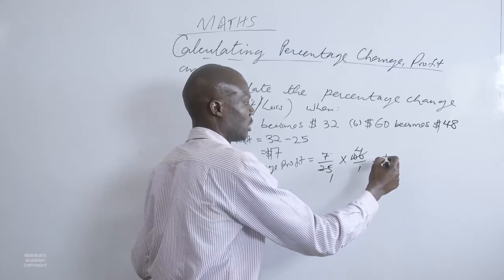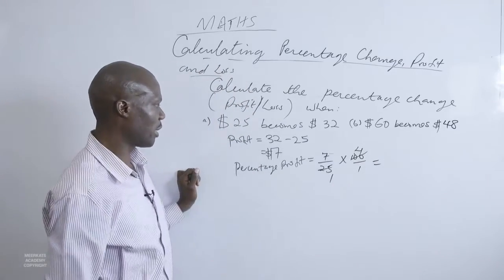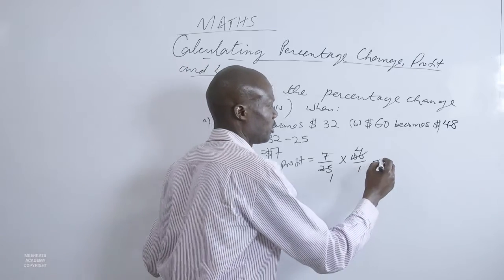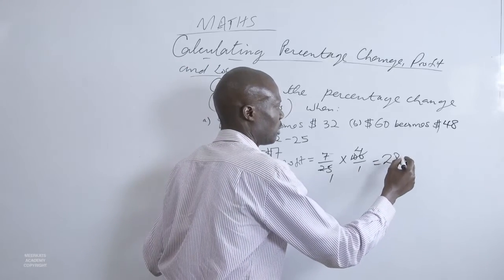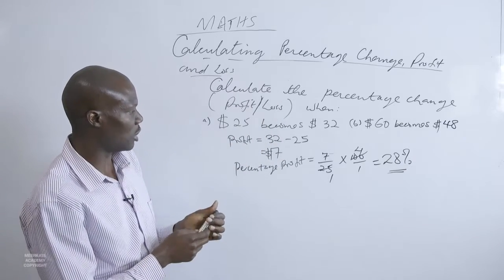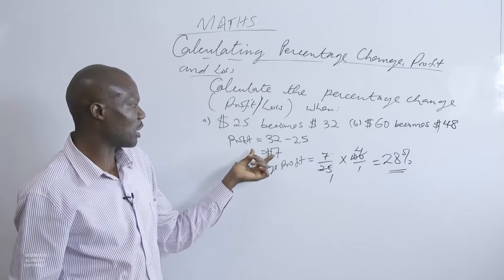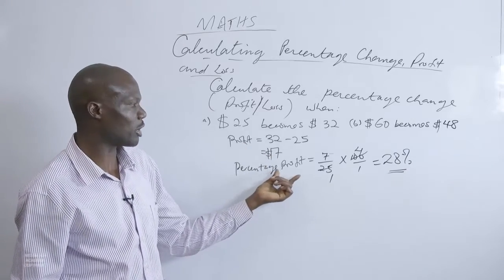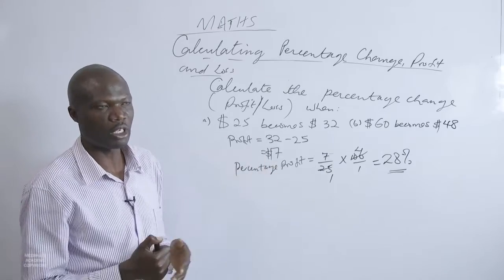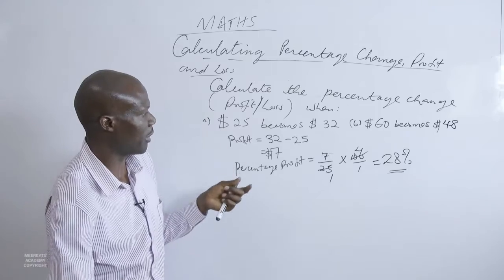So what you get here as a percentage profit is 28. It gives us 28%. So we are able to identify first the profit, and then calculate the percentage profit using the profit that you identified initially up here.